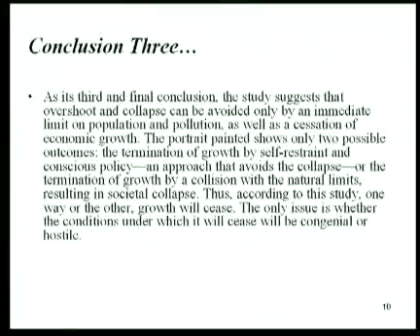So according to the study, one way or another, growth will cease. And the only issue is whether the conditions under which it ceases will be acceptably congenial, or they're going to be hostile.